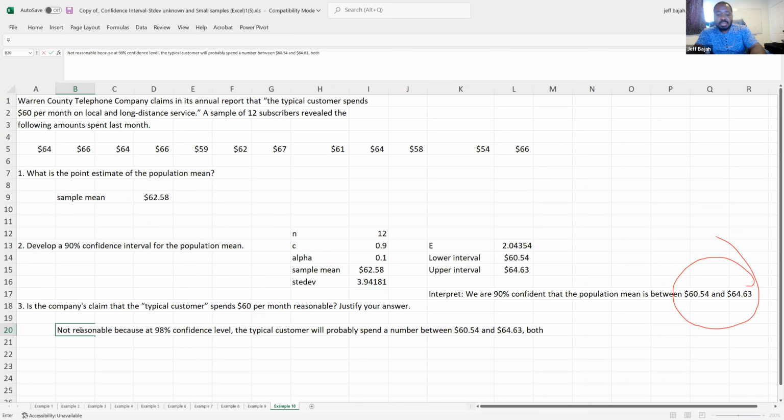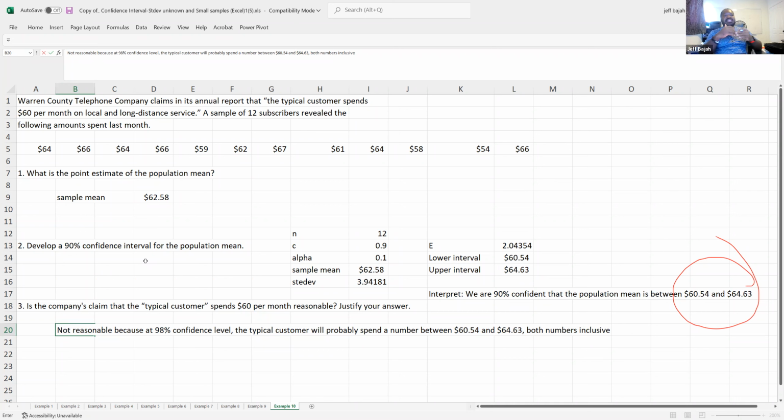Put numbers. Right? So at this confidence, we're seeing that the company is probably being a little bit conservative in its value, saying, hey, the customers spend about $60, but what we found is slightly more than that, at least 54 cents more than that, right?